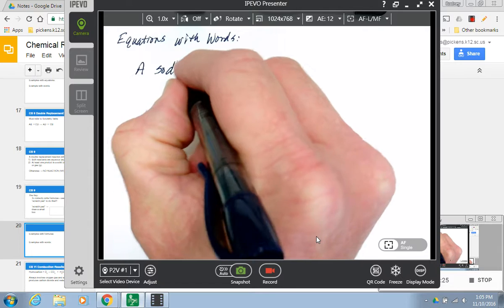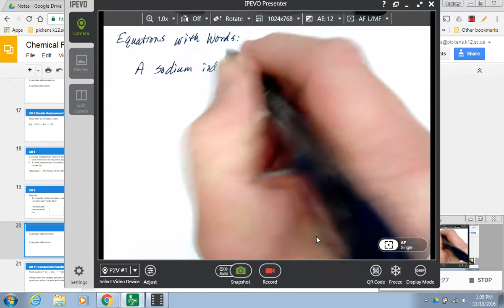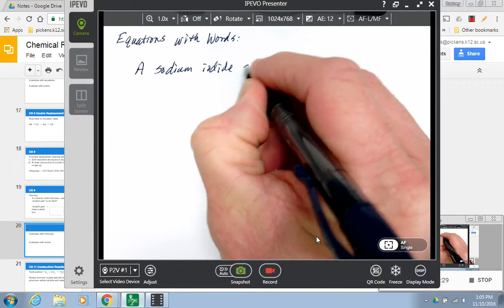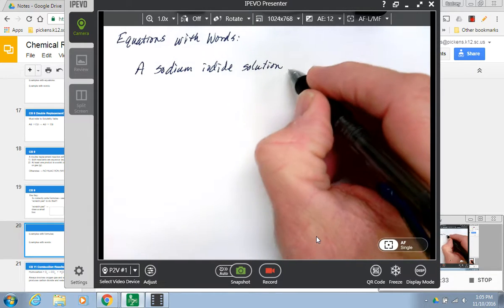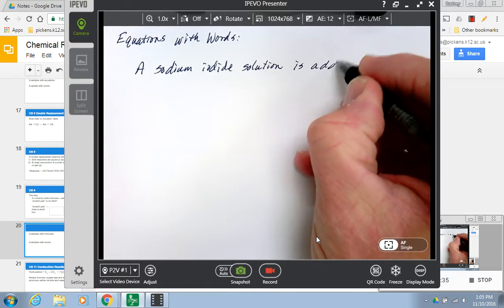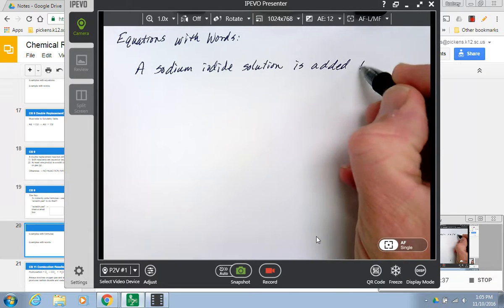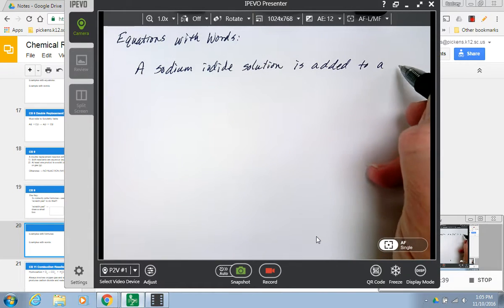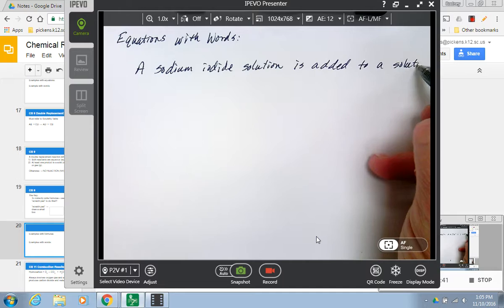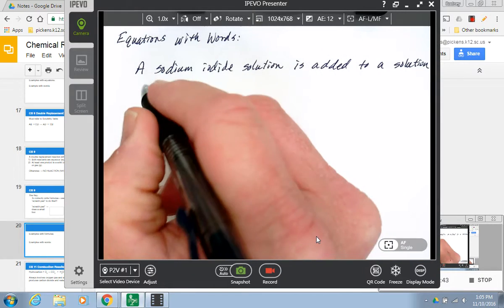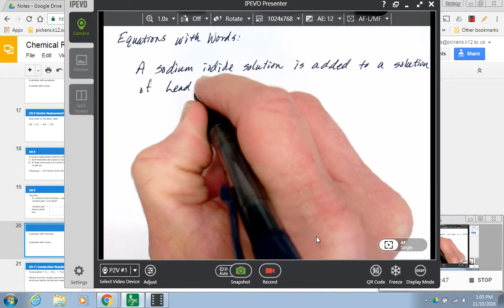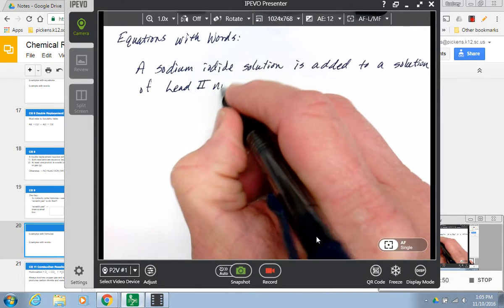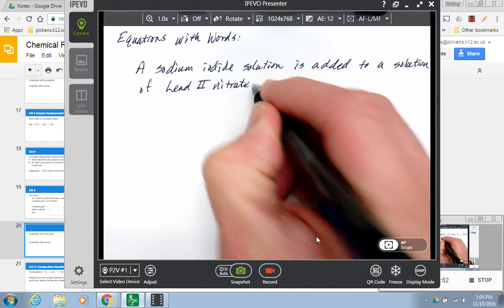Sodium iodide is added to a solution of lead 2 nitrate.